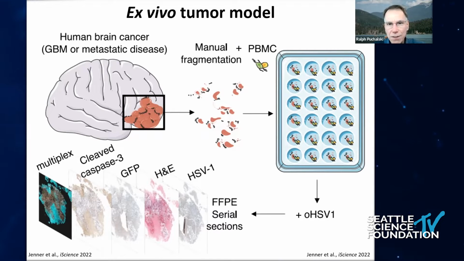OHSV was then added to the tissue fragments, and tumor tissue slices were then formalin-fixed and paraffin-embedded, and serial sections were collected and stained for HSV1, for cleaved caspase 3, for H&E, and these sections were also subjected to multiplex immunohistochemistry to look at T cell and other cell types.